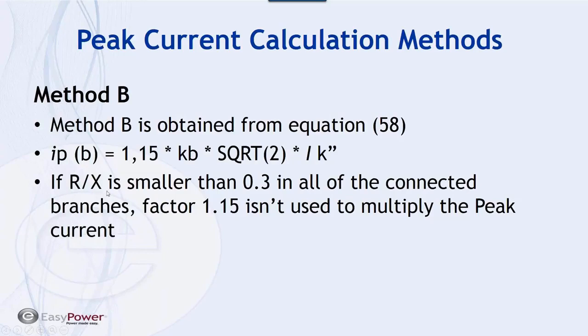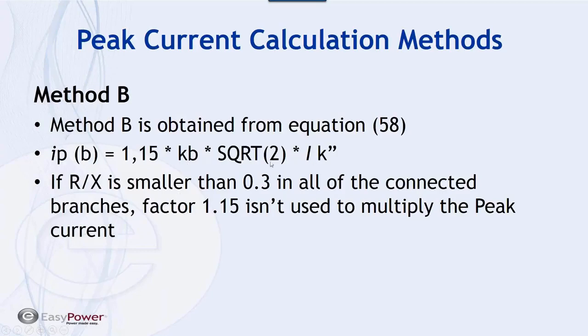If R over X is smaller than 0.3 in all the connected branches to the faulted bus, 1.15 disappears from here. That's what it says. Otherwise, this is the formula that method B uses to calculate the peak value for a faulted bus.